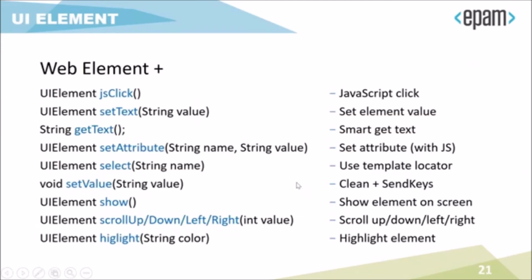Okay, let's look a little bit deeper at the elements. What is the UI element in GDI Lite? If you have just the element in your tests, you will get all abilities that the Selenium built-in element has. But you can change the element to UI element, and as a result, you will get all the element features and some more features that, as we know, are also used on projects around Selenium.